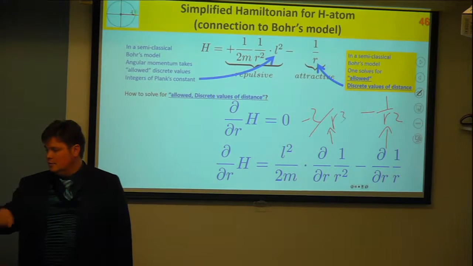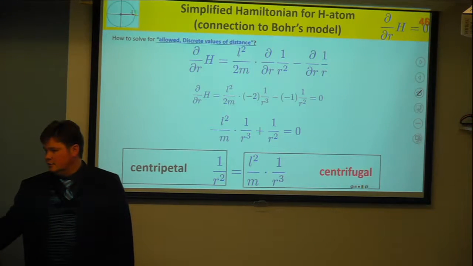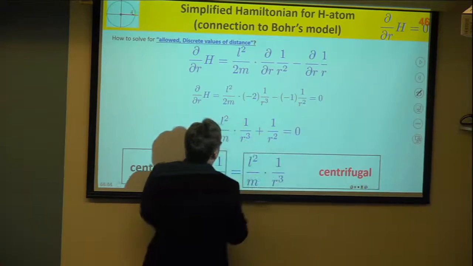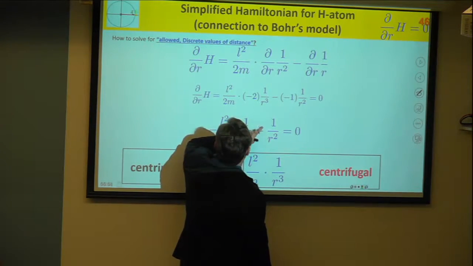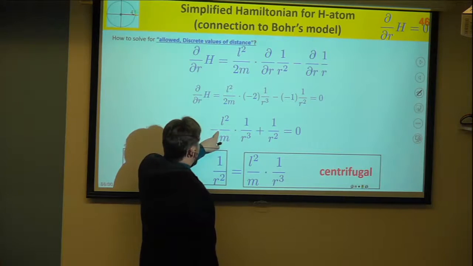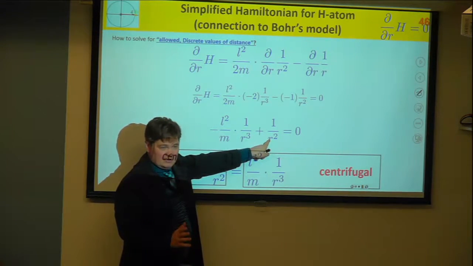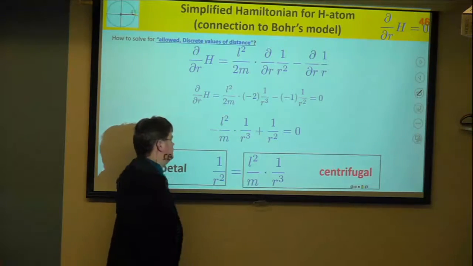Yeah, thank you. So we can practice and add it together. So here is your r cubed, r squared. So minus times minus plus. Here's minus. And then we need to solve it for distance, because everything else is already provided.